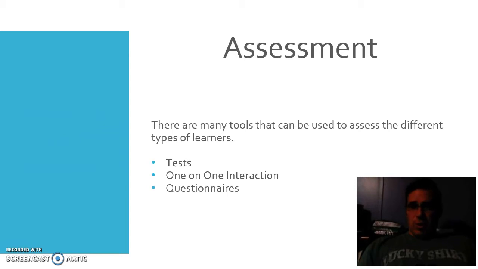There are many assessment tools we can use to help determine them. Obviously tests, one-on-one interaction, which is some of the stuff I talked about, and questionnaires. I like questionnaires because if you use a questionnaire at the beginning of the year to get an understanding of where the individual came from, what language they speak, what some of their interests and hobbies are, you can then utilize that material to come across learning opportunities that may strike a chord with them.